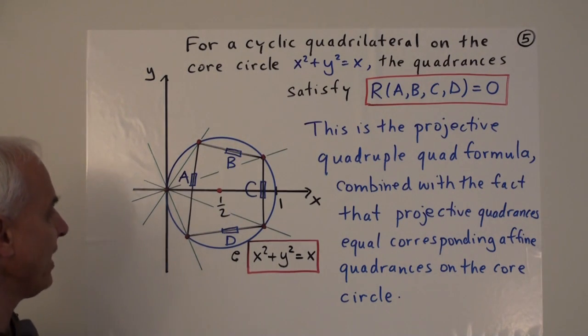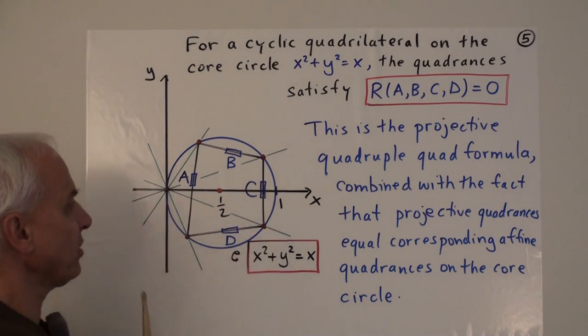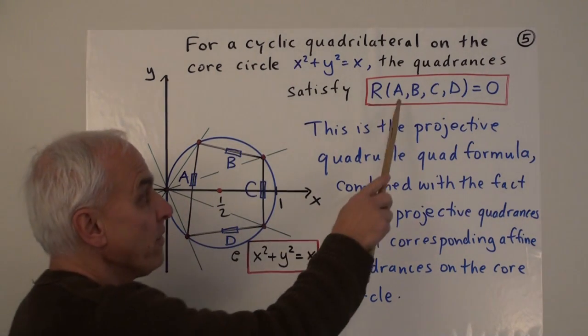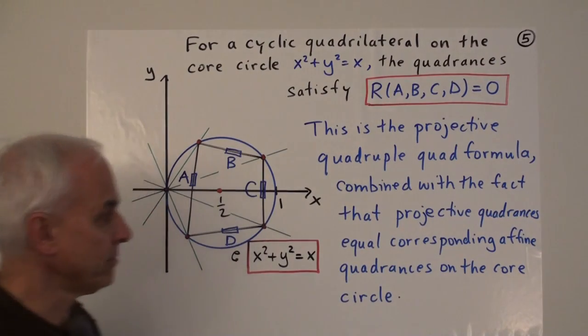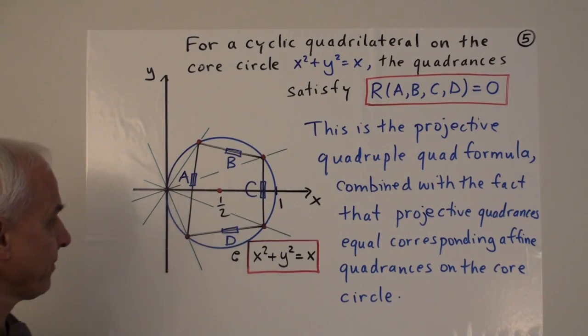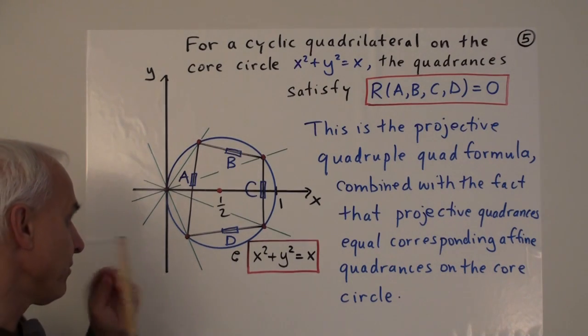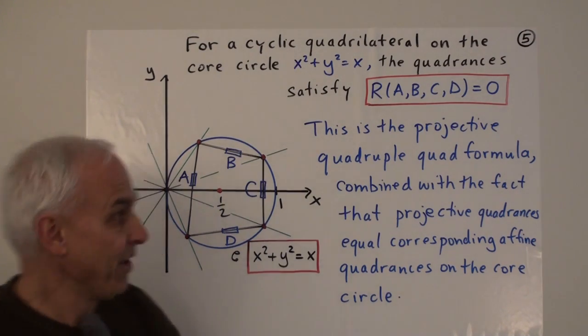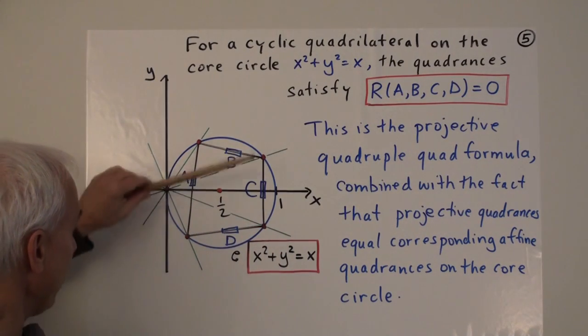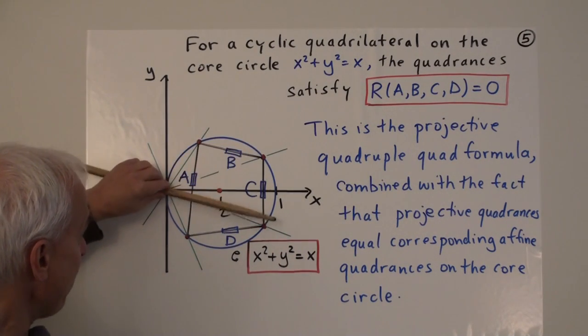And we know that in this particular case, for this particular circle, these four quadrances satisfy R of A, B, C, D equals 0, where R is our projective quadruple quad function. And we determined that because this formula originally came from the one-dimensional situation involving these projective 1 points.